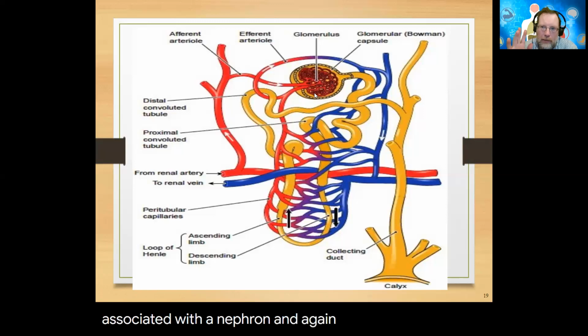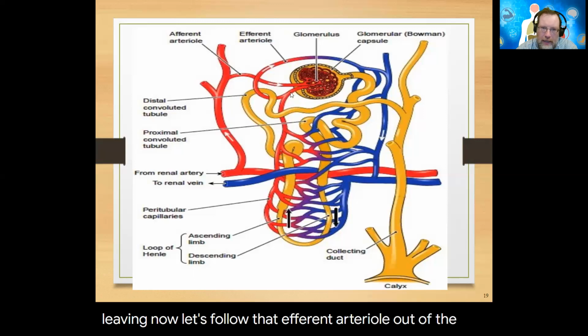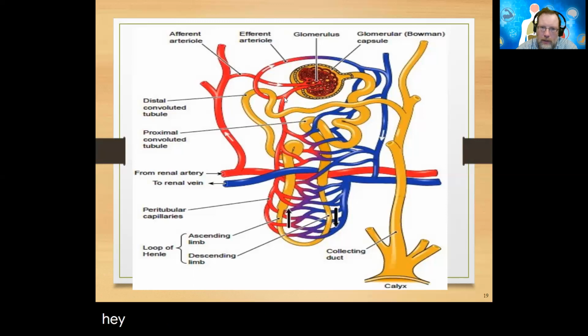And again, capillary means something's going into or coming out of the blood or both. So glomerulus, afferent arteriole going in, efferent arteriole leaving. Now, let's follow that efferent arteriole out of the Bowman's capsule. We can see that there's a fork in the road, and that the one fork is going to go up and around.